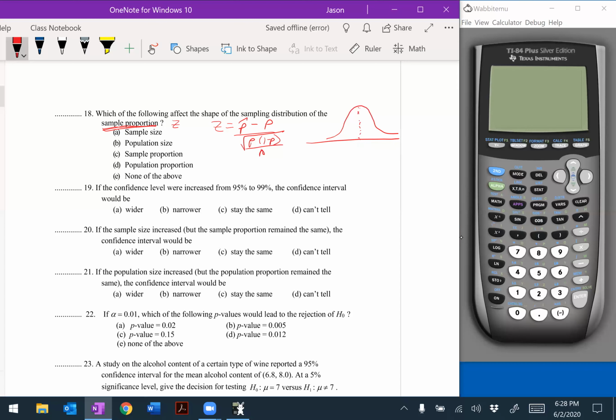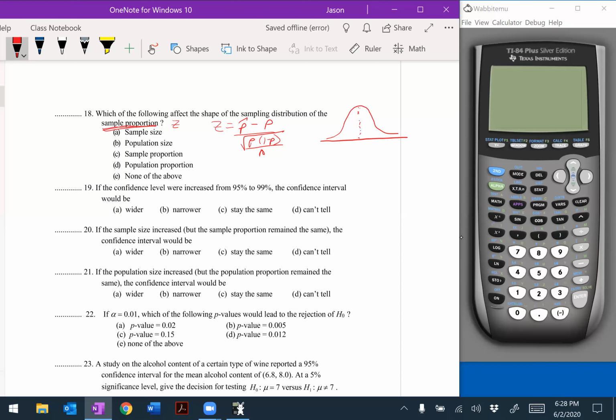The mu of p hat, we're really going to have p here. p hat or p? Let me think about this for a second. Nope, it's not p hat, it's p. How far away is p hat from p?